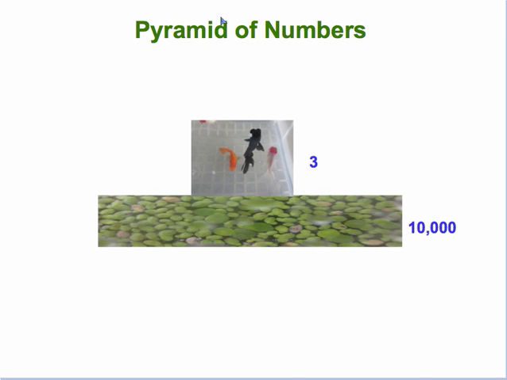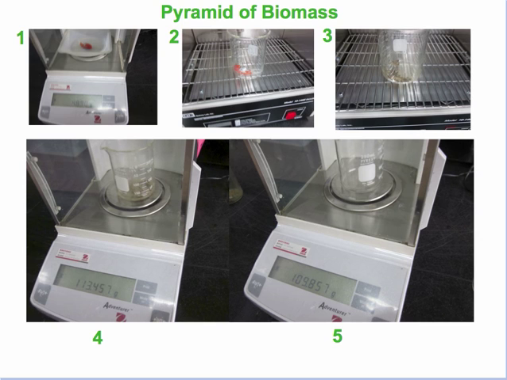Well, based on how many fish you have, you can estimate the dry biomass of the particular trophic level. A similar thing could be done for duckweed, and then we would have a measure of the biomass in units of grams per square meter.